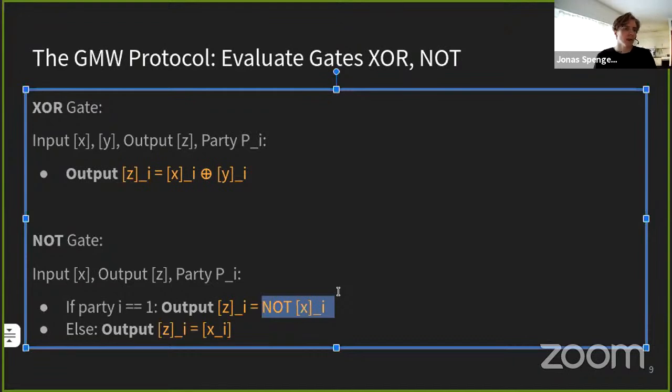So in the end, when we compute the plaintext value of all these Z shares, the effect is that we flip the bit, so it's still correct.